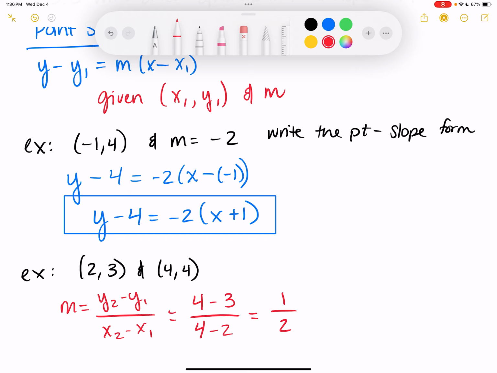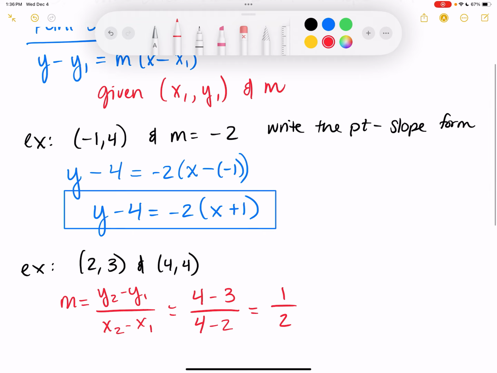Now, I can use either of the 2 points that are given, but your answers are going to be different when left in point slope form. However, I can take the problem farther and put it into slope-intercept form, and they will be exactly the same line. So I'm going to show you that also. I'm going to do them in order.